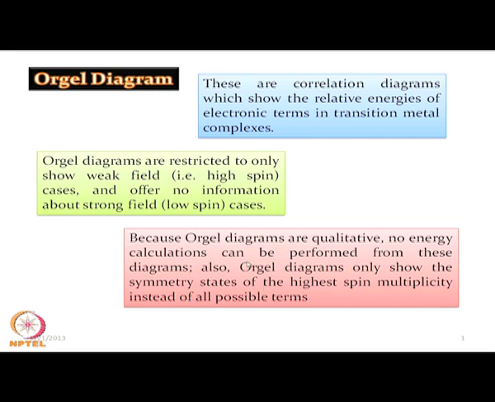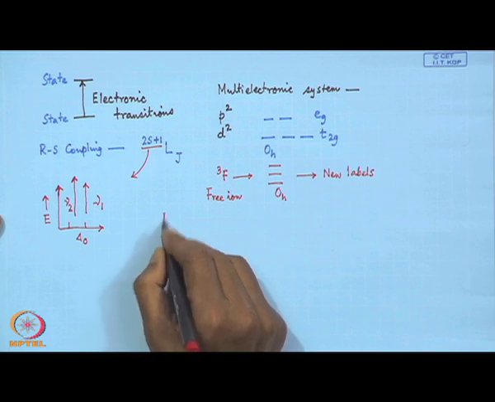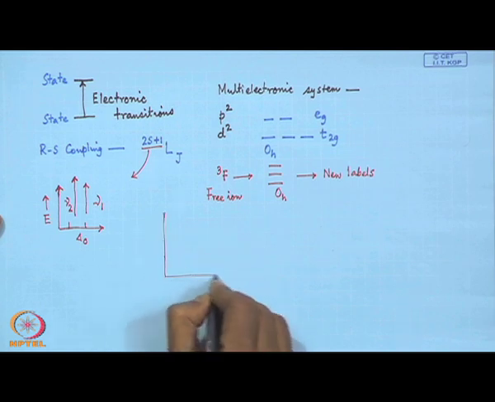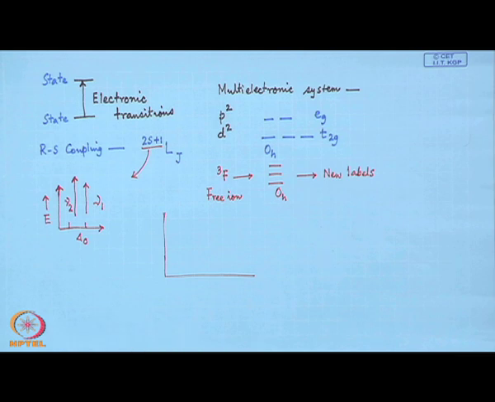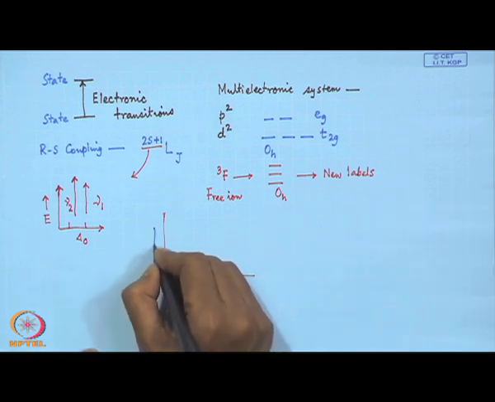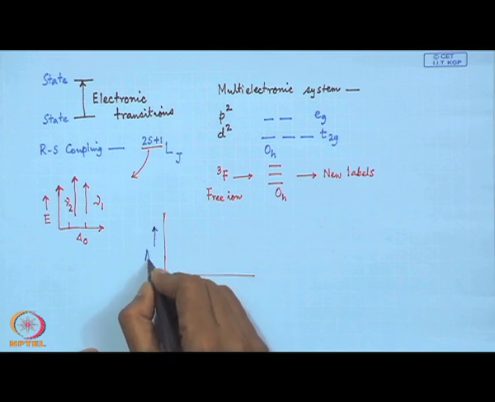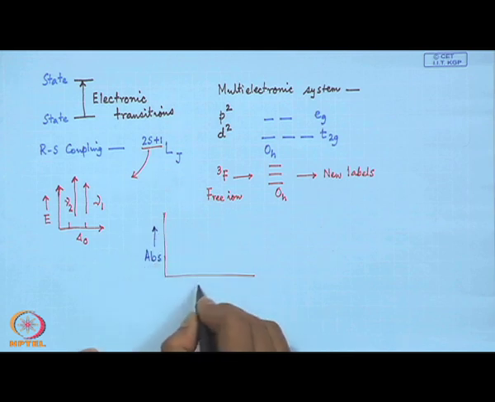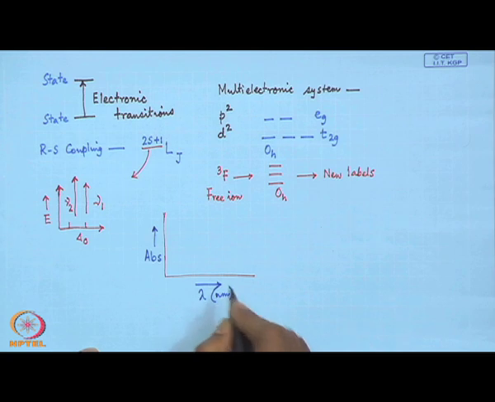So, if we want to calculate quantitatively, we need these energy calculations because when we get the corresponding electronic spectrum, we see that we have the absorption axis and the corresponding lambda axis.